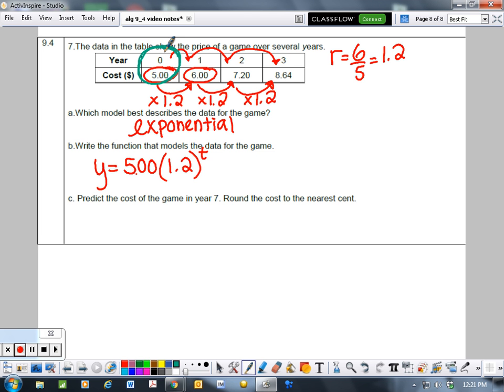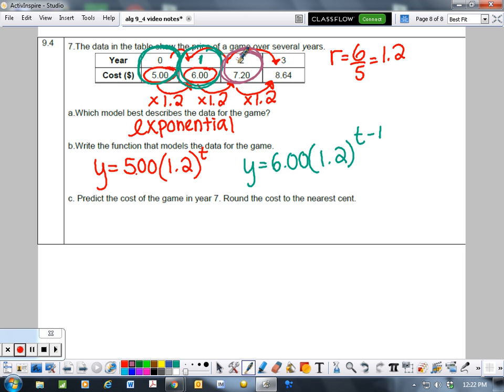What if I wanted to use my starting value at 6 with 1? Well, this would be y equals $6 times 1.2, and then this would be t minus 1 because of this 1 right here. Well, what happens if I wanted to use this as a starting value?